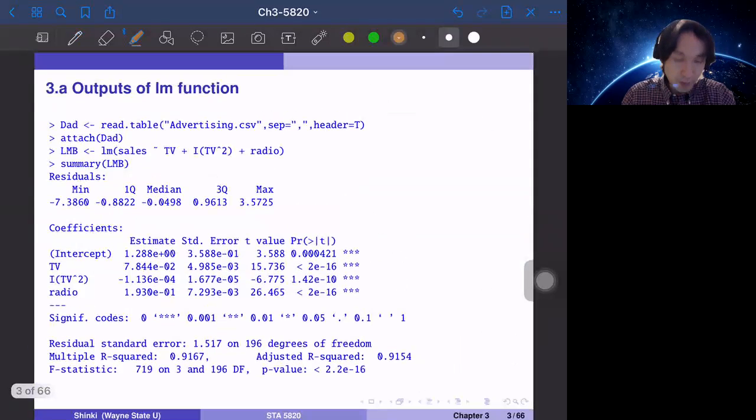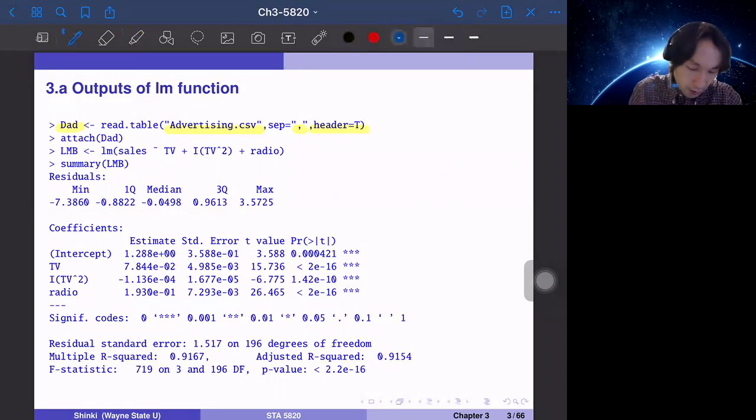So at first, some review of linear regression. This is a typical linear regression output. We have the data set in this CSV file. Usually a CSV file is separated by commas within each row, and header is equal to TRUE. So we read the data.